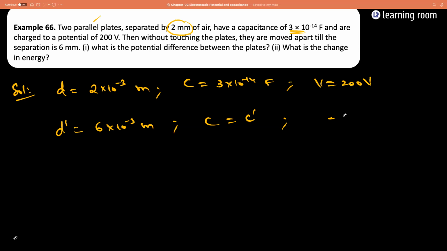Okay, I need to calculate it. Let's see how to do this. So how to calculate this?